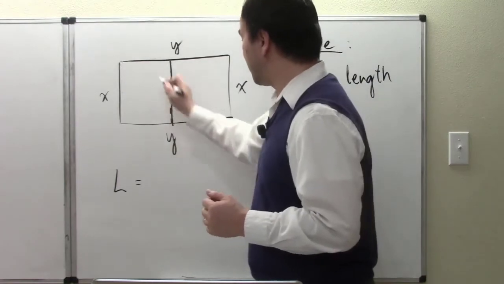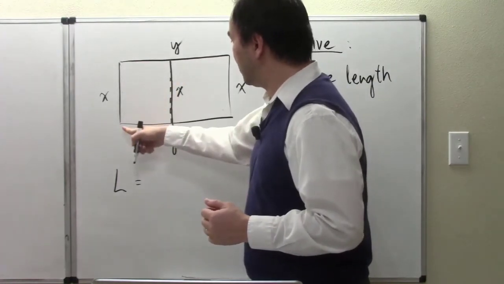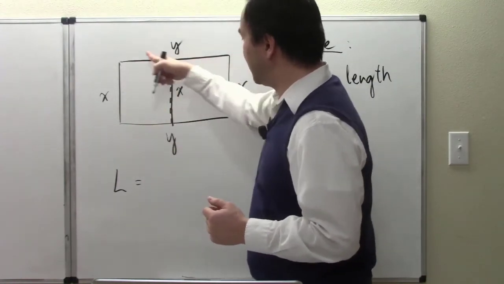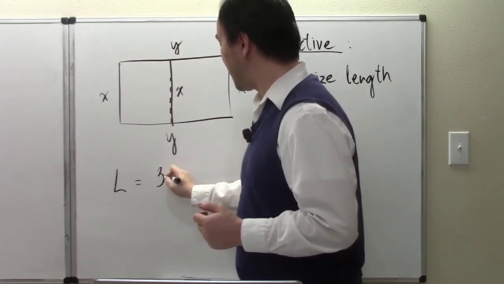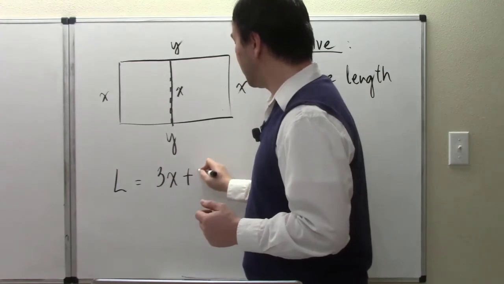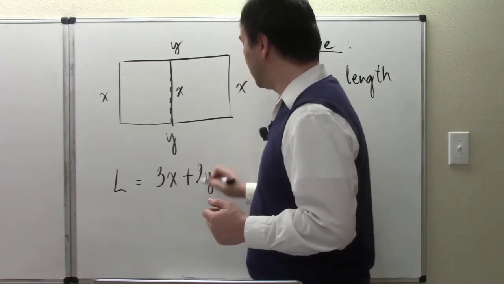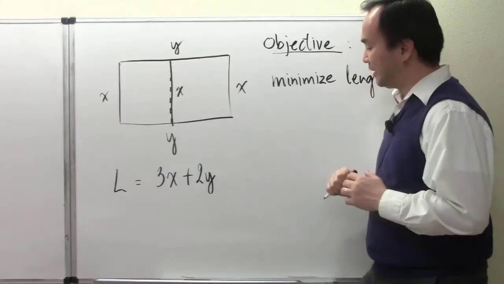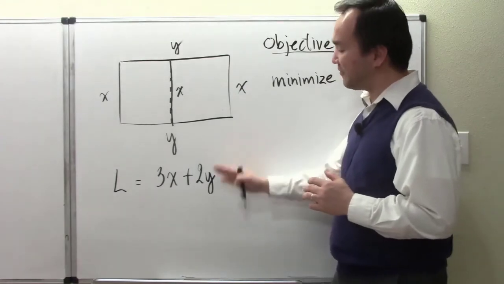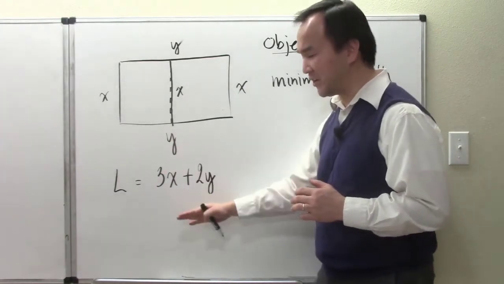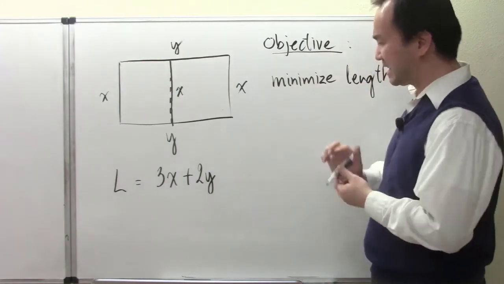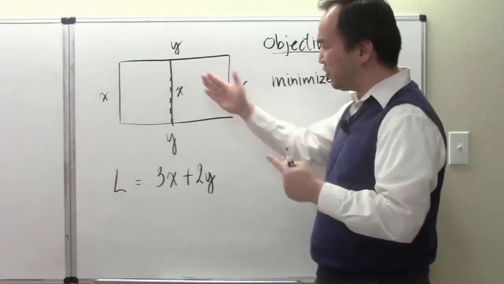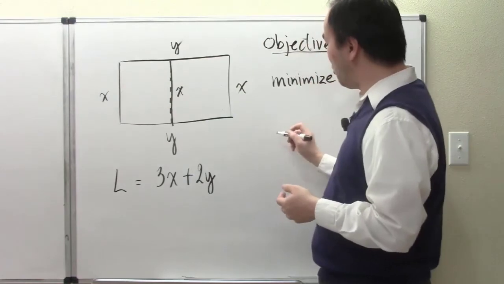But as far as length, if it's all these edges added up together, then it's 3x plus 2y. And so now once we set up our objective function right here, let's try to understand what we mean by minimize the length. You see, the idea is that when you build your fence, you want to maintain.